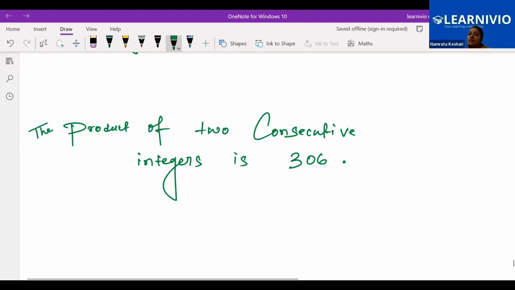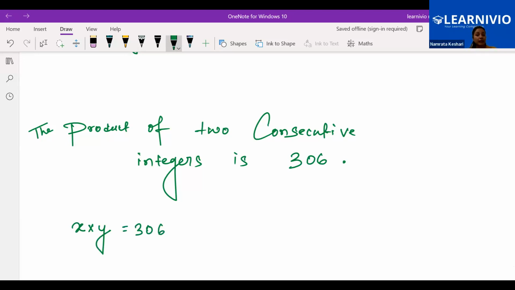Here the instruction says that the product of two consecutive integers, and we were discussing that when we are having consecutive integers, we will see the pattern of the integers. This is not a linear equation in two variables, so that we can take one integer as x, another integer as y, and that is equal to 306.